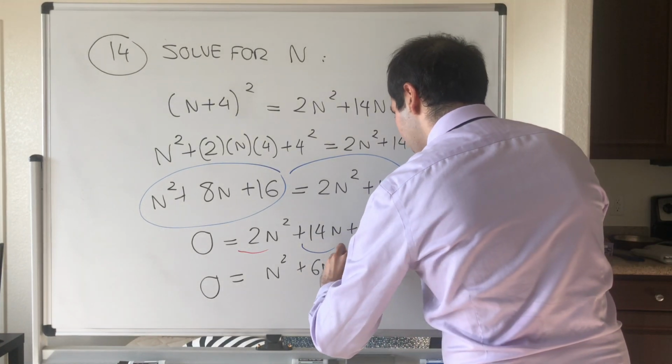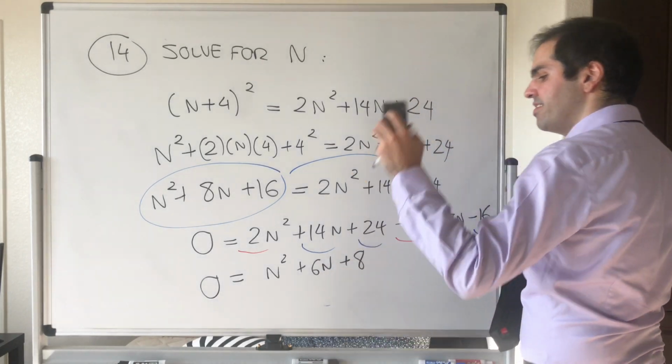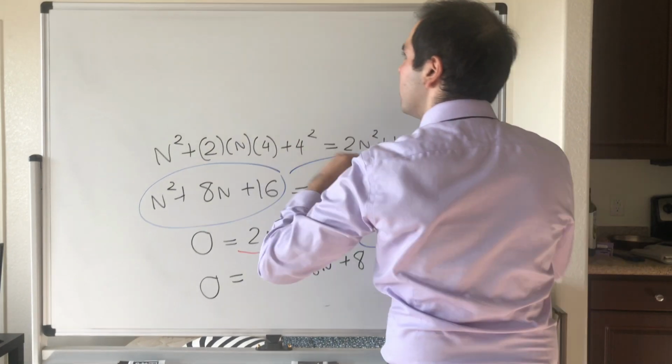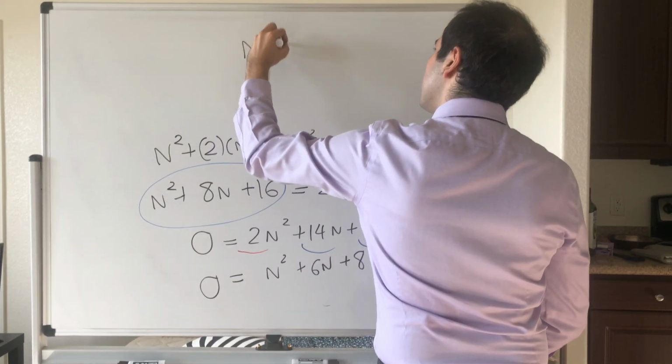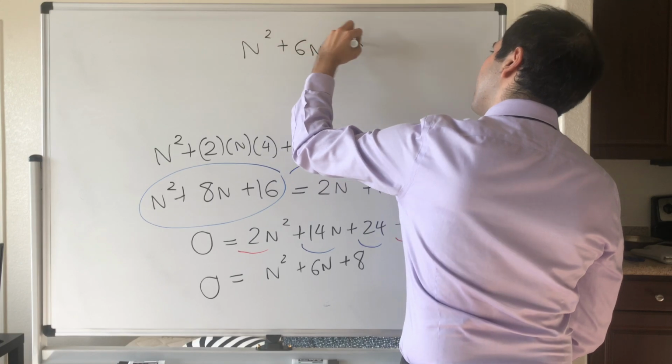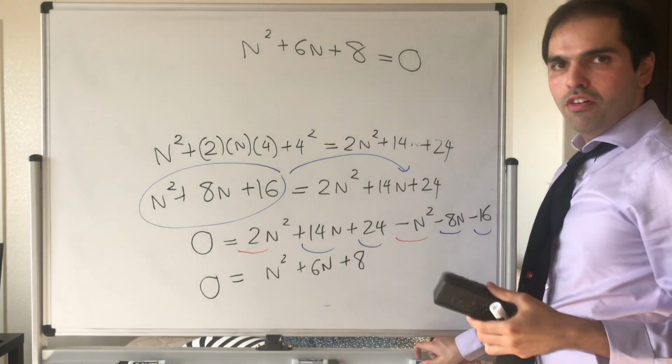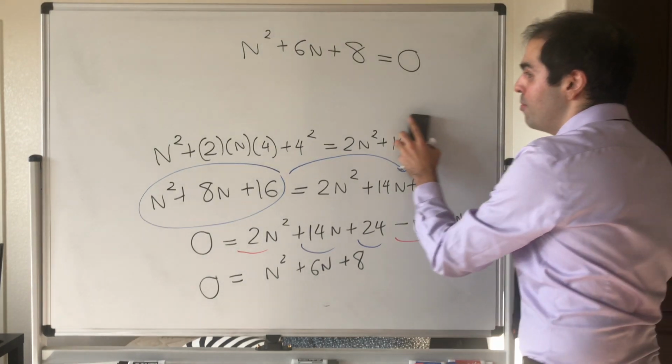So you're left with n squared plus 6n plus 8 equals 0. We can now solve this using the quadratic formula.